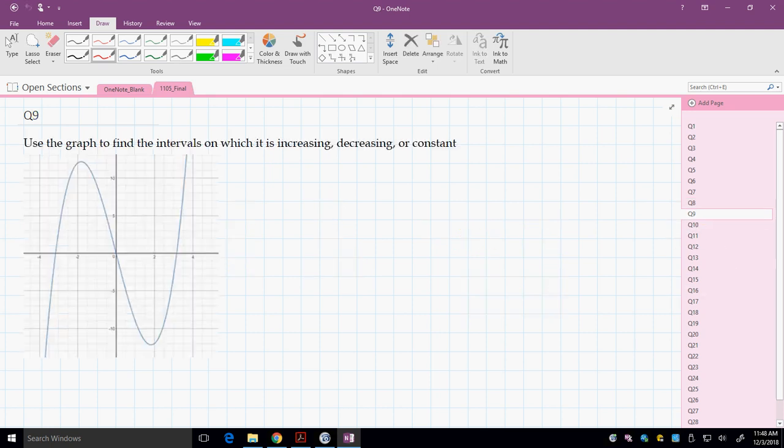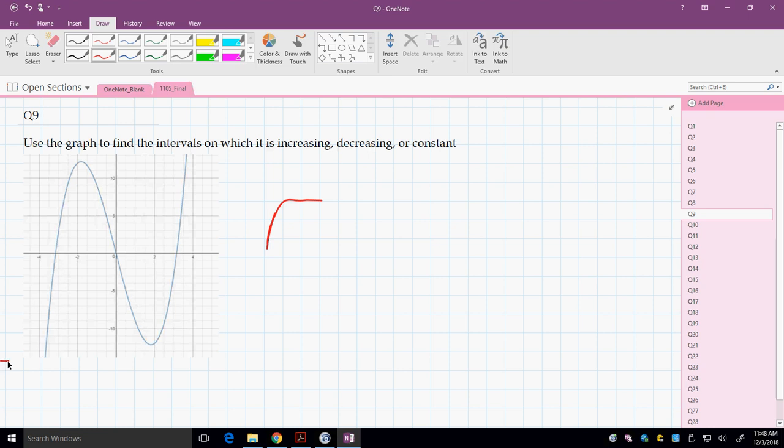Question number 9. Use the graph to find the intervals on which it is increasing, decreasing, or constant. We don't have any constant. Constant will be something that goes up or down and then stays flat for a little bit. We don't have any flat in here. So no constant. We do have increasing.